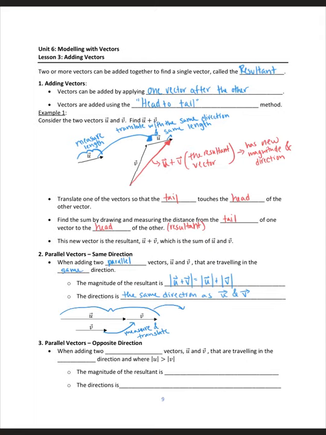So if I measured the length of that, see if I can eyeball. So the resultant is simply going to be taking that u vector and adding to it that v vector. So that's our resultant. So that's the idea behind adding two things that are parallel. Since they're pointing in the same direction, we're just going to continue in that direction and add the two magnitudes together.